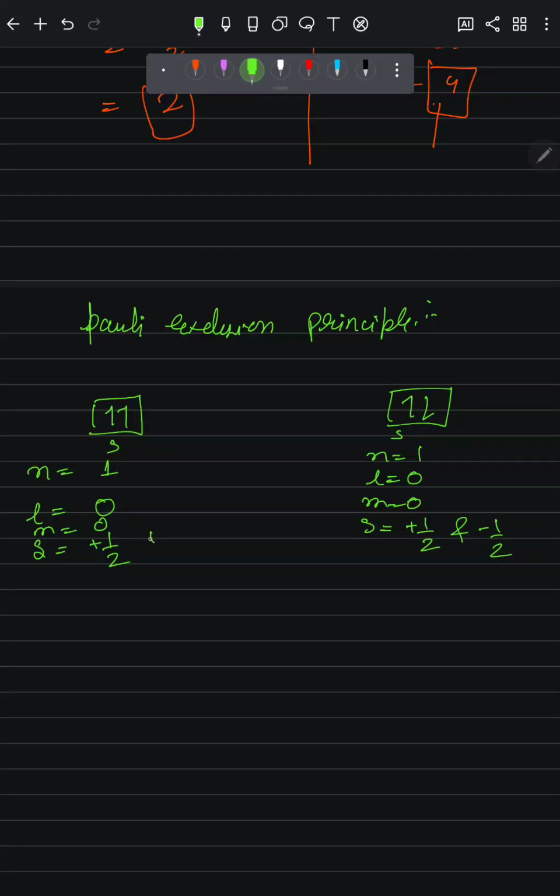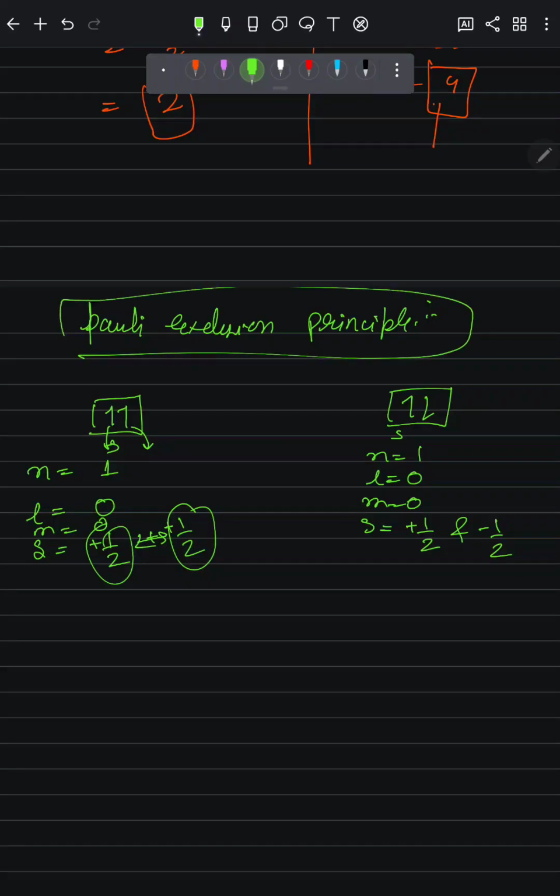So according to the Pauli exclusion principle, we cannot have exactly the same quantum numbers; there must be some difference in between.